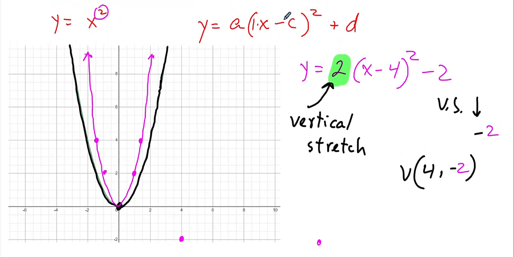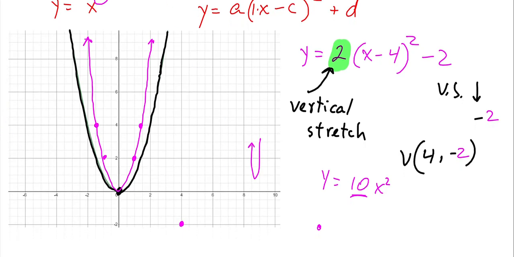I changed something on the outside, and this is a vertical stretch. So again, you could kind of visualize as if you take every single point and you just stretch it by this factor. And the bigger this number is, as an example, y equals, if it was like 10 x squared, it would be a very steep parabola, very narrow. The bigger this number, the steeper it goes up, the quicker it goes up. Therefore, it looks narrower.